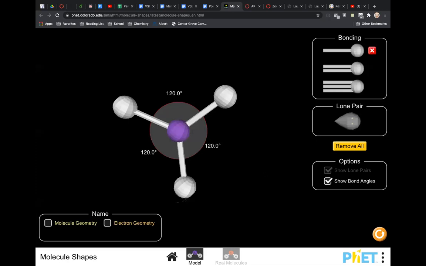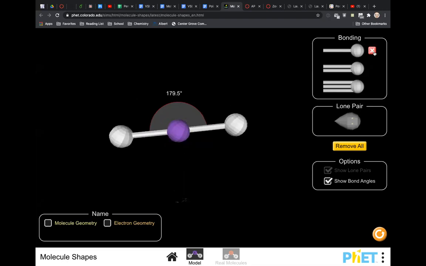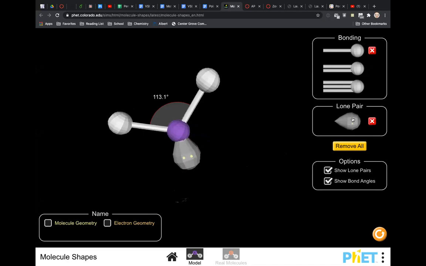All right. Now, what happens if we slap a lone pair on there? Well, I'm going to take off one of those single bonds, go back to the 180 degrees, and if I put a lone pair on there, so it's not a bond, I essentially get the same thing.